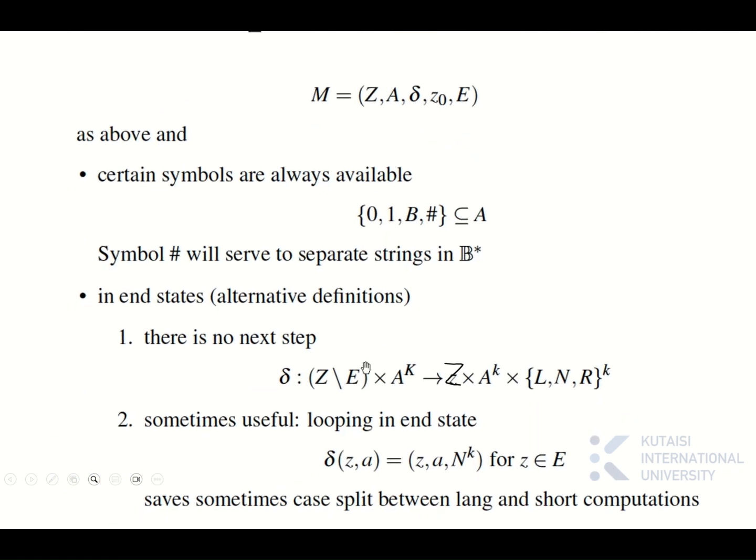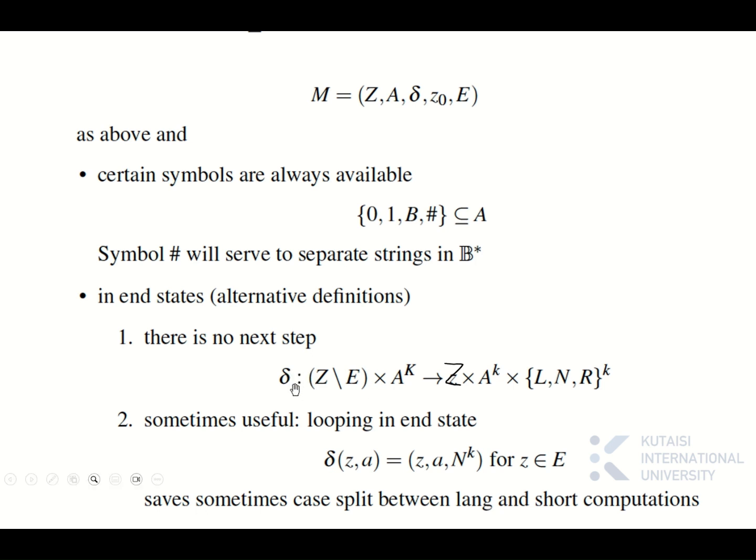But sometimes we might define that your transition function is only defined for states which are not final. This means that when your Turing machine goes to a final state, E representing the end states, there is no next step.